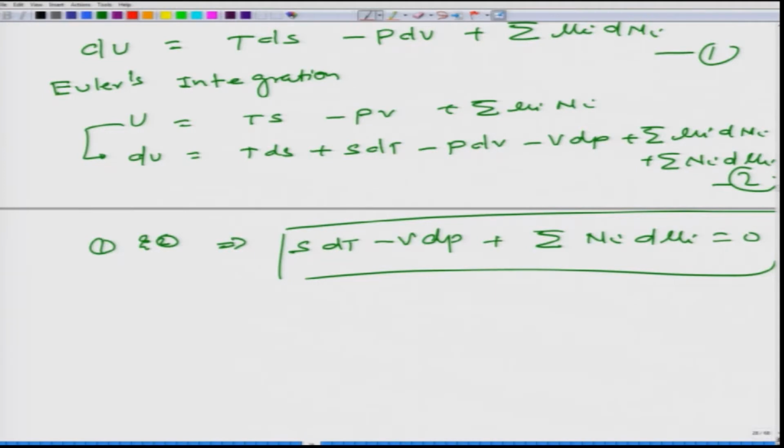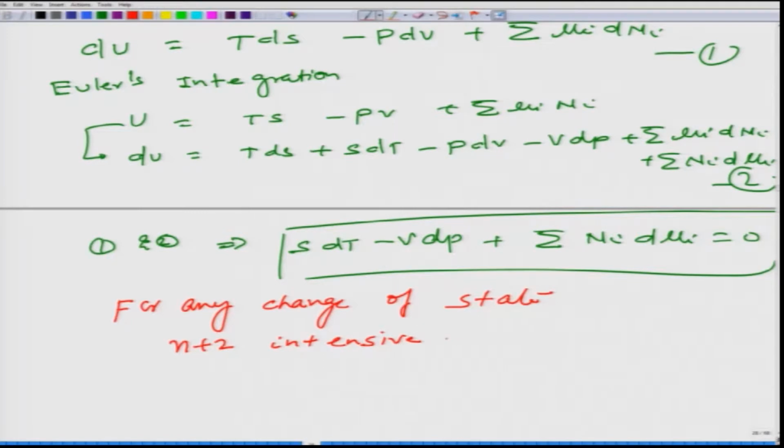This leads to an extremely important conclusion, which is that for any change of state, having n plus 2 intensive variables, T, P and mu_i, where i is equal to 1 to n, where n is the number of components, it tells you this expression, which is also called the Gibbs-Duhem equation or relation.